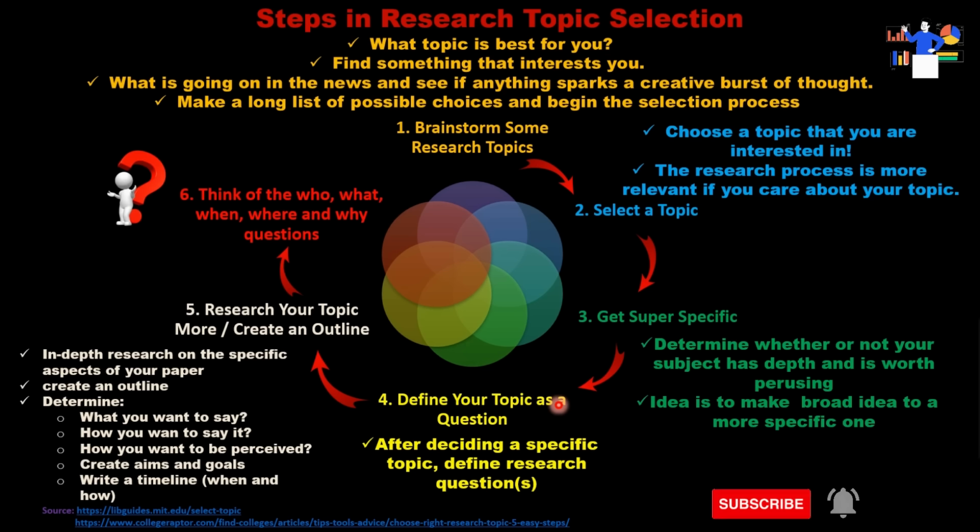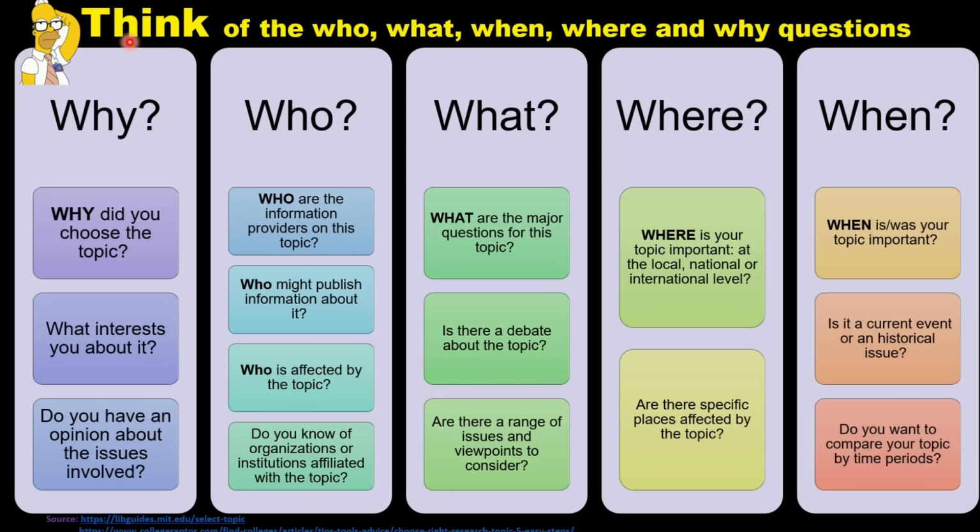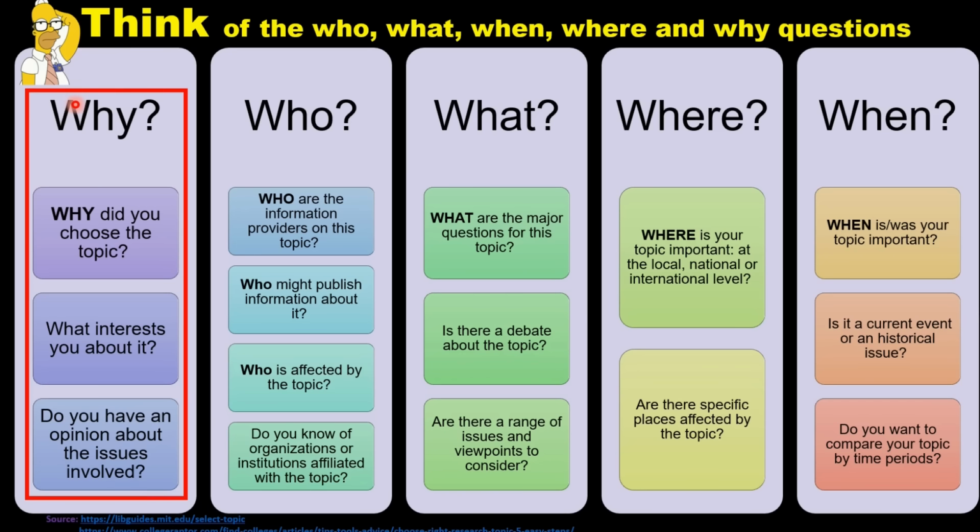And the next step is you need to think of who, what, when, where, and why questions for your research. Think of the who, what, when, where, and why questions carefully. In the process of selecting a research topic, it is very important to think of why.